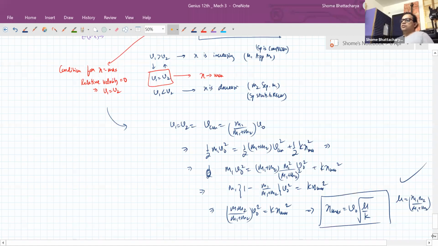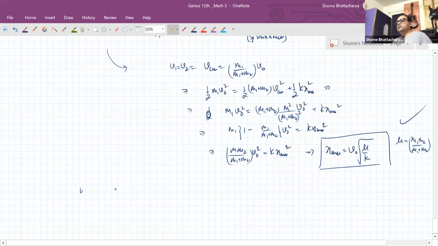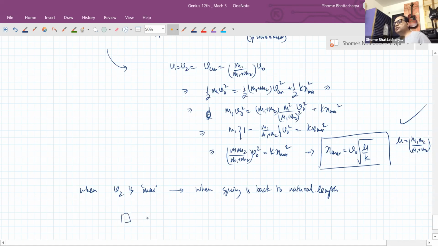Okay, that's one thing. And the other thing is we can also see when V2 is maximum, that is basically when the spring is back to natural length. So what is happening is that the spring is first compressed. When the spring is in a compressed state, it is pushing the second block. Then the spring reaches maximum compression, then comes back to natural length.